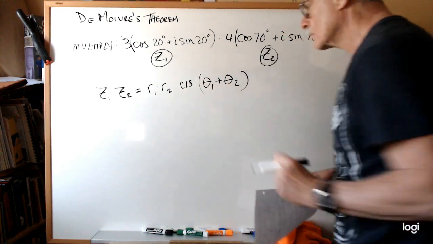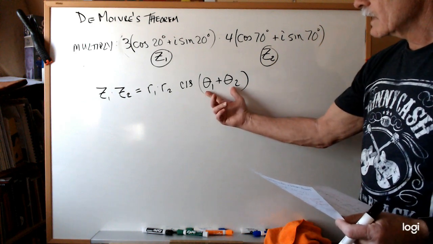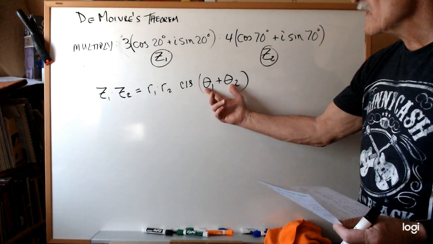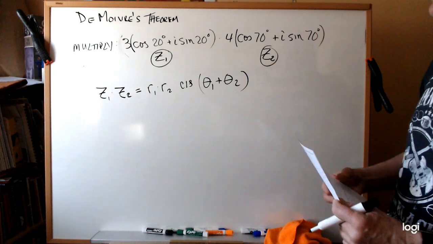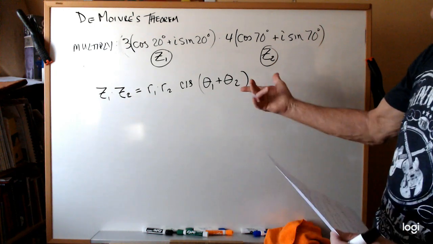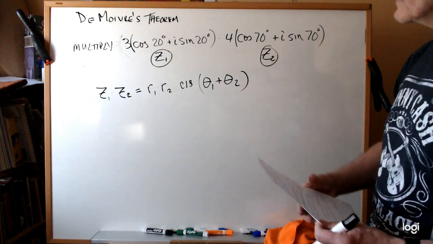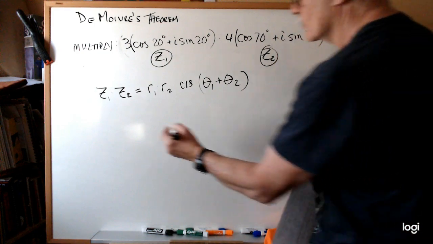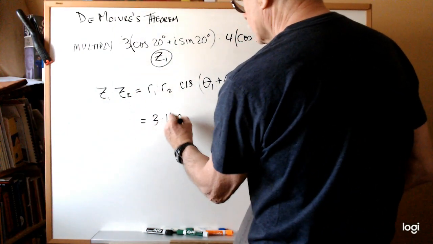So when we multiply, we're basically using the laws of exponents on the arguments, or the angles, and we're adding them. And we said the reason for that is because these are really r e to the i theta. It's a little more advanced, but in this case, the R1 and the R2 are 3 times 4.